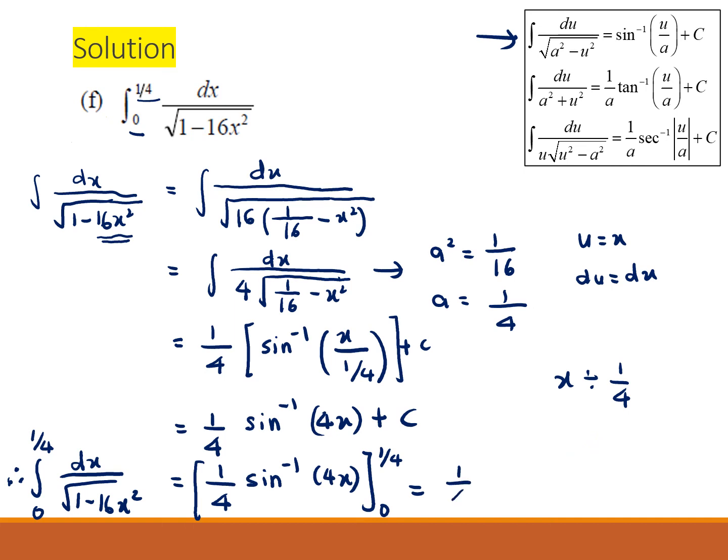We have 1 over 4 arcsine of 4x, where x is 1 over 4, minus 1 quarter arcsine of 4 times 0.